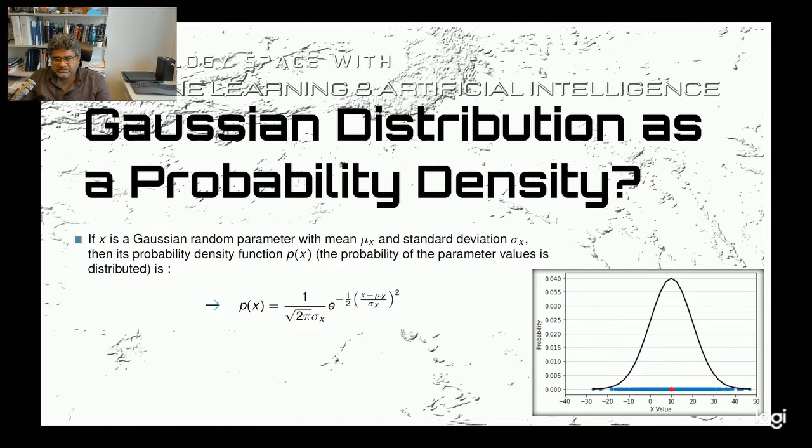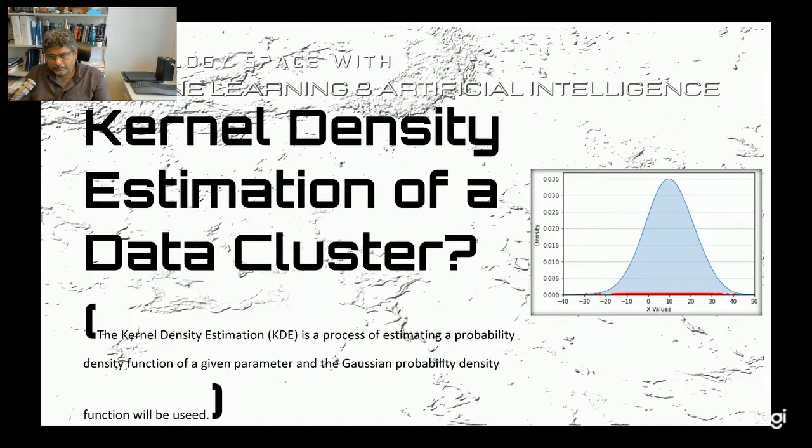So the Gaussian distribution as a probability density function is denoted by p(x), which is equal to 1 over the square root of 2 pi times sigma x, multiplied by the exponential function of minus half times the quantity of the data value minus its mean value, divided by the standard deviation, squared. So this is the mathematical formula for a probability density function as a Gaussian distribution.